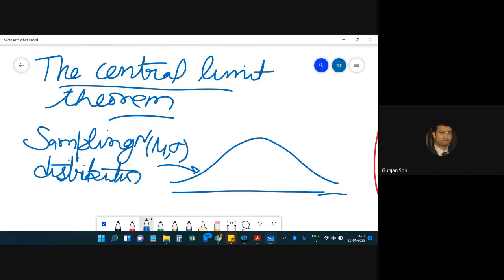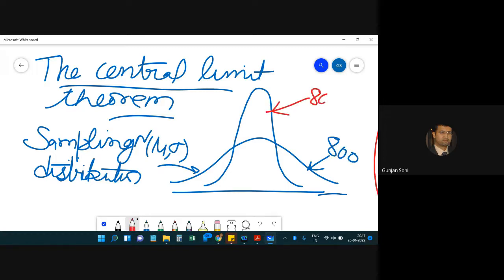So I take a random sample of 80 people, and I plot their distribution. This is of 800 people, and this distribution is of 80 people. It is a sample. We call it a sampling distribution.